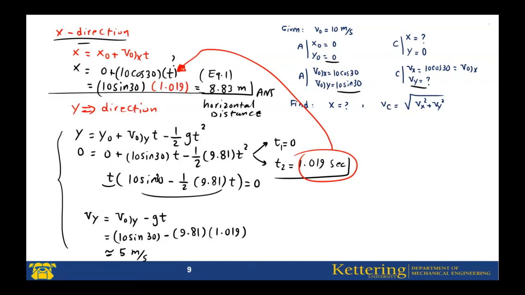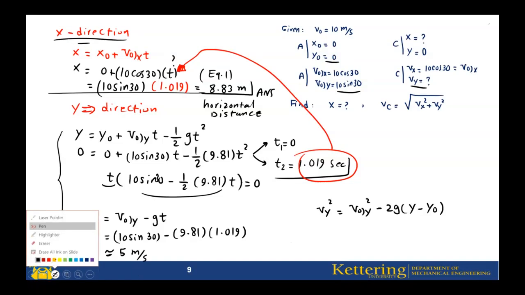Also, we can find the Vy from the V0y. From another equation, if you remember, Vy squared equal to V0y squared minus 2g(y minus y0). If you use this equation too, because y and y0 are in the same coordinates, this will be 0.